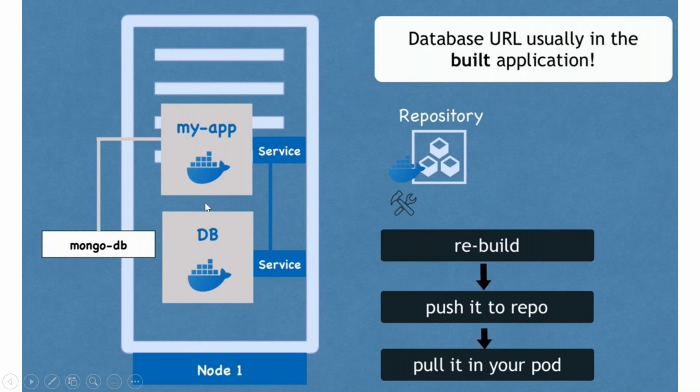When I have to link my front-end and database together, a lot of details have to go from my database to my application, and from my application back to the database, like the DB URL or endpoint and all those things. If the database crashes, I have to rebuild it, push it to the repo, and run the pod again. The IP part will be taken care of by my service, but what about the setup which I have to do again?